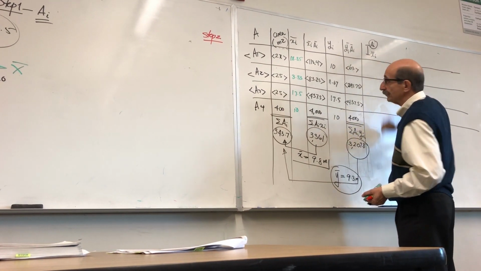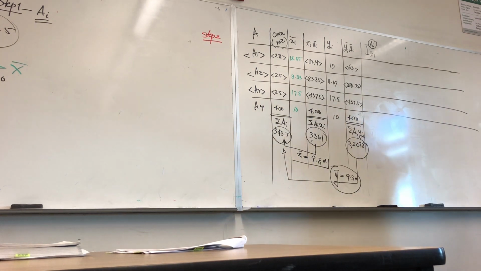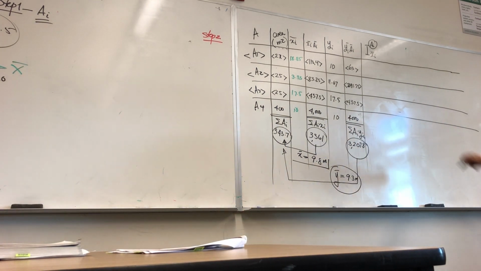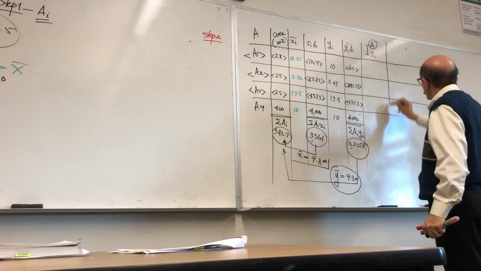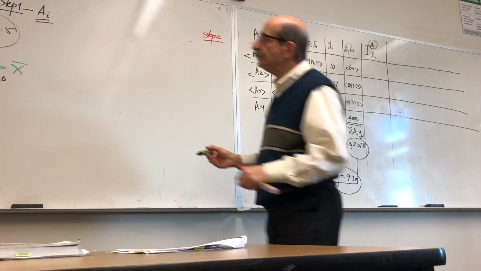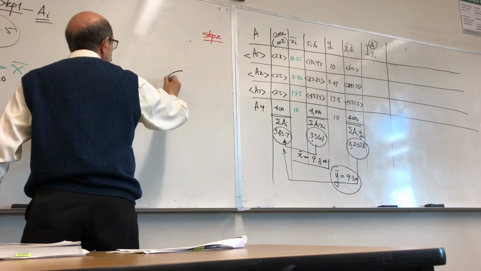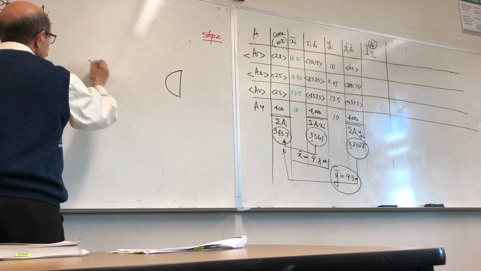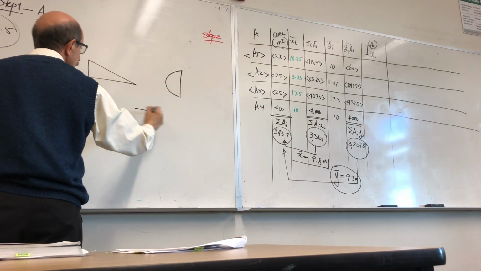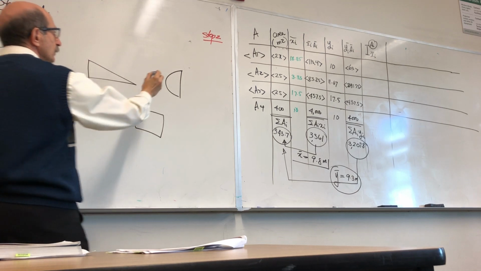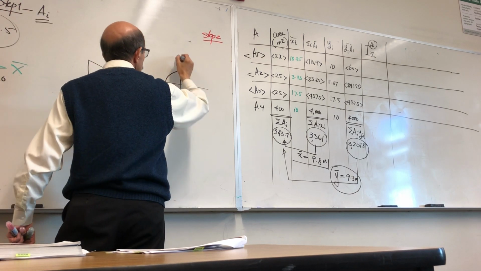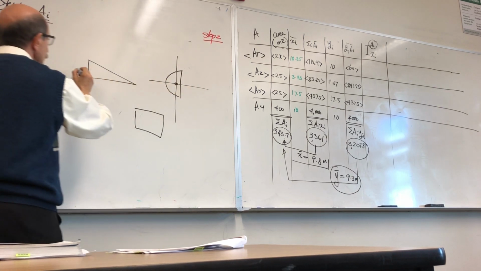I call it like this for the lack of a better notation. So you find the moment of inertia of each of these areas. For instance, this guy, this, this, all of these each have their own centroidal axes.